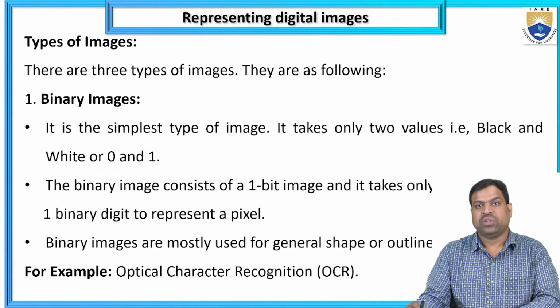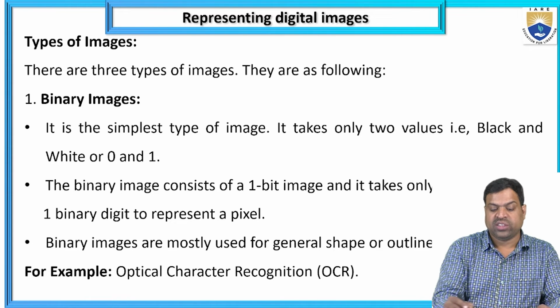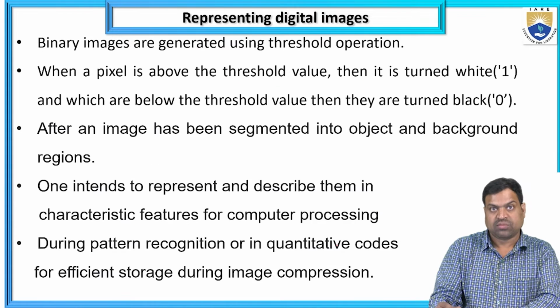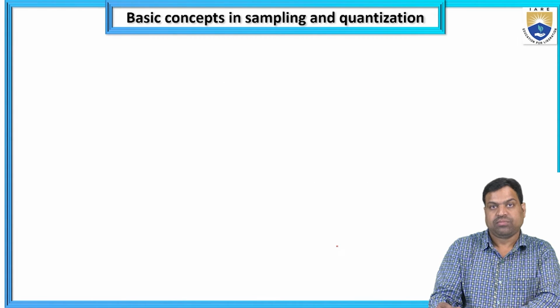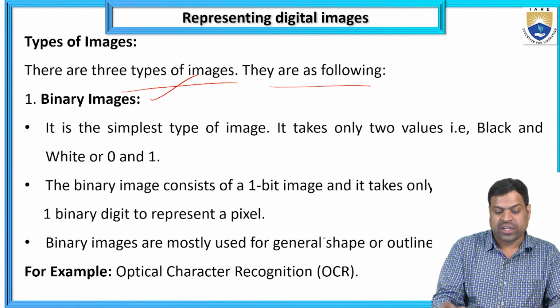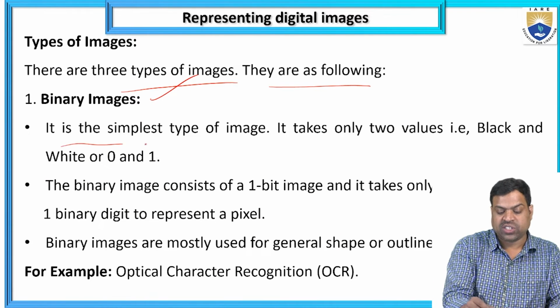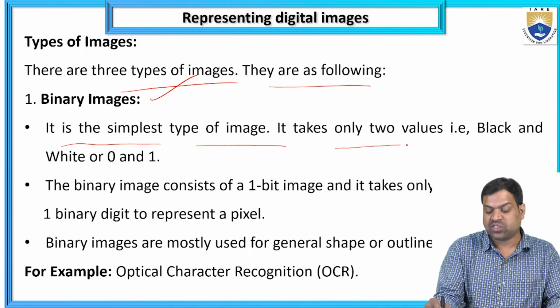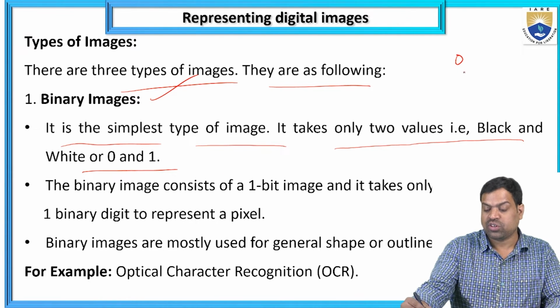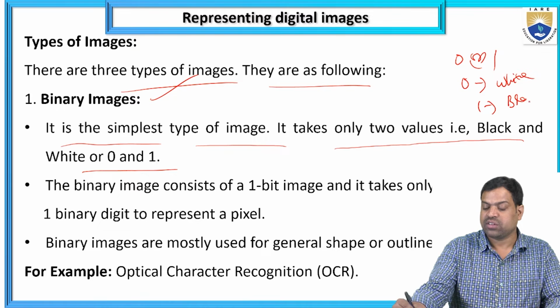And types of images. How many types of images are there? There are 3 types of images. The first one is a binary image. What is a binary image? It is the simplest type of image. It takes only 2 values, black and white, or in the form of 0 or 1. Suppose, for example, 0 is white and 1 means black.